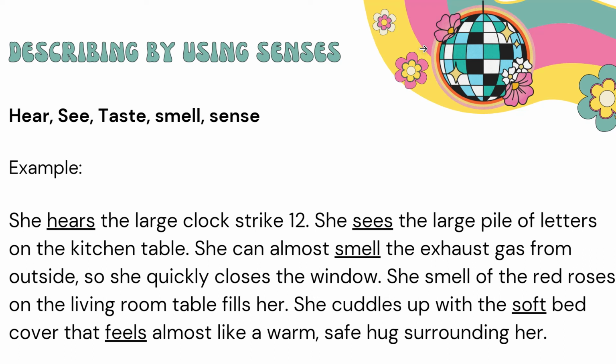We just think about what we hear, what we see, what we taste, what we smell, and we use all our senses. An example about describing by using senses can be like: she hears the large clock strike 12.